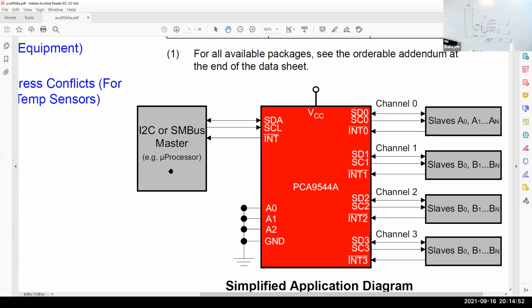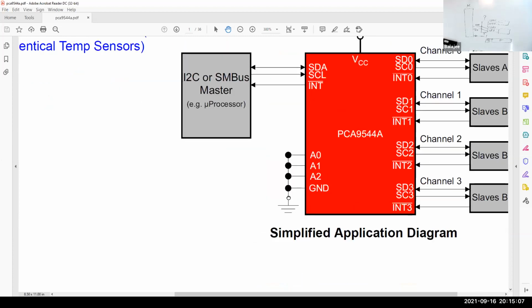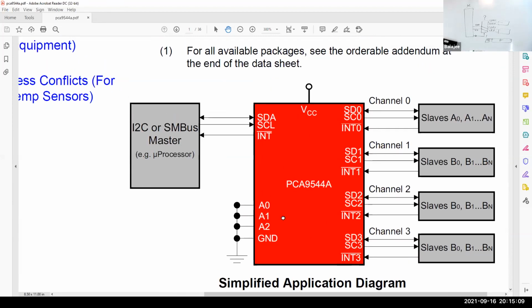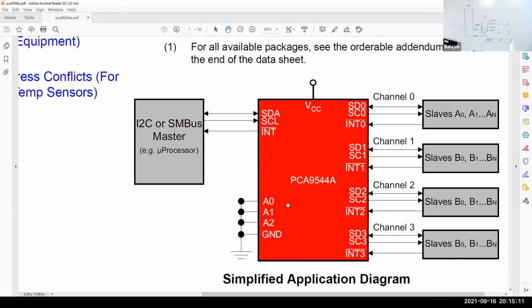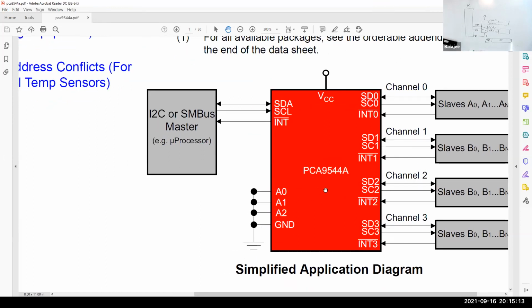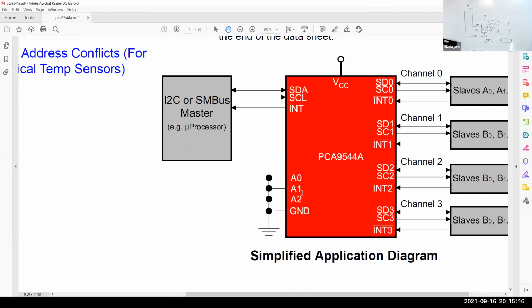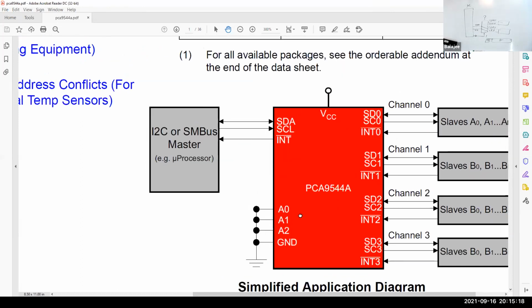From the master, from the microcontroller, you connect to this, and these are all the devices. Forget about the interrupt. This is I2C only. Now this A0, A1, A2, what is their meaning? I have not explained that yet.